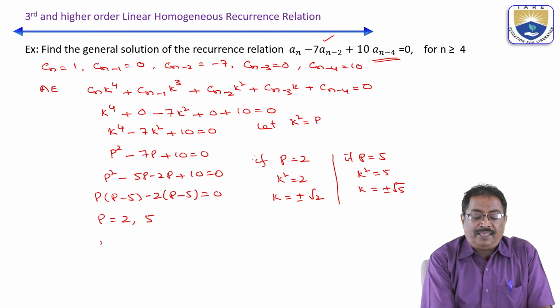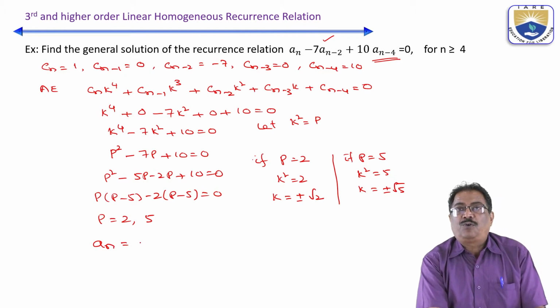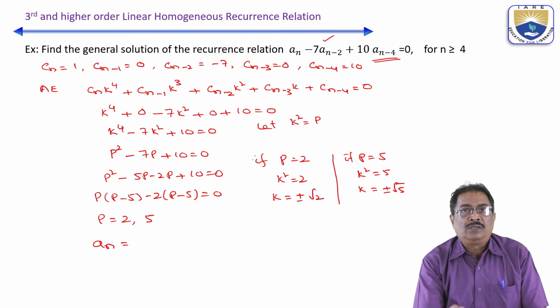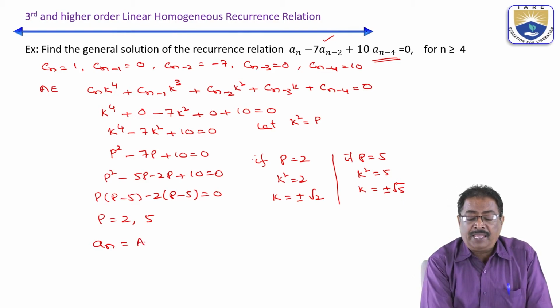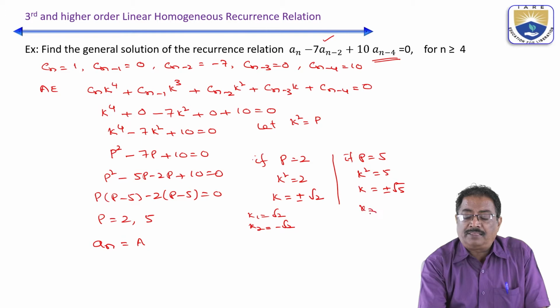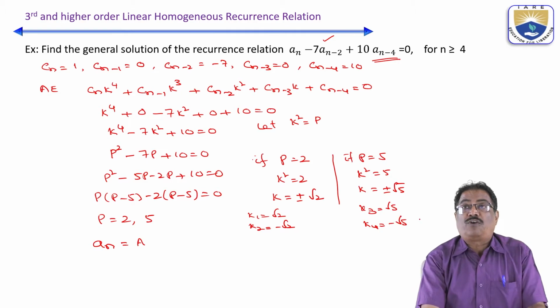Then 4 roots means 4 constants will be there. Let us assume k1 equals root 2, k2 equals minus root 2, k3 equals root 5 and k4 equals minus root 5.